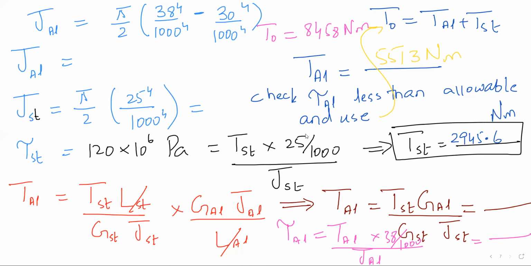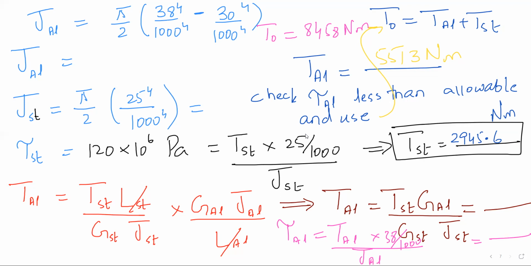Then we have 38 into 10 power minus 30 power 4, divided by 1000 power 4, into pi by 2. Correct? Yes. 2 into 10 power minus 6. Everything is correct. So where are we making a mistake?